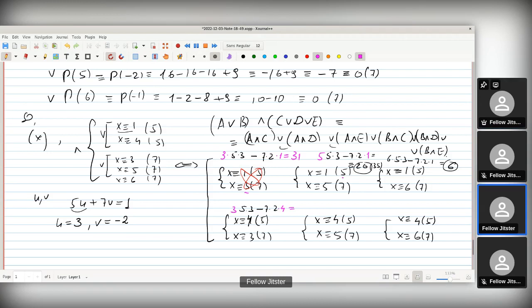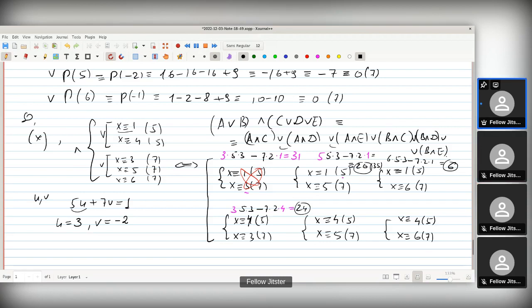Minus 11. Minus 11 modulo 35 is 24. Is 24 4 modulo 5? Yeah. Is it 3 modulo 7? Yeah.